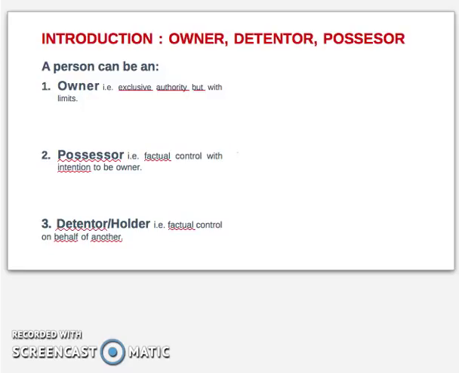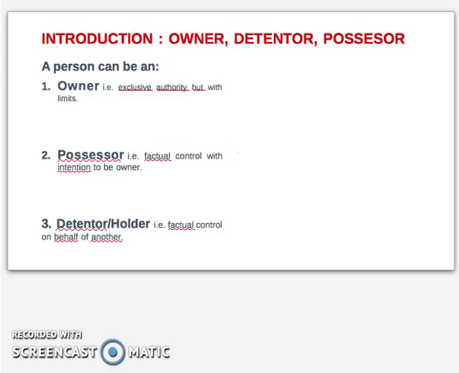So if someone left their cell phone in class, then you pick it up and you put it in your pocket and you go and crack the password and you wipe it clean. In that case, you are still not the owner, but you are the possessor in bad faith because you have factual control over a cell phone that does not belong to you and you intend to be the owner of that cell phone. So remember the difference between possessor in good faith and possessor in bad faith.